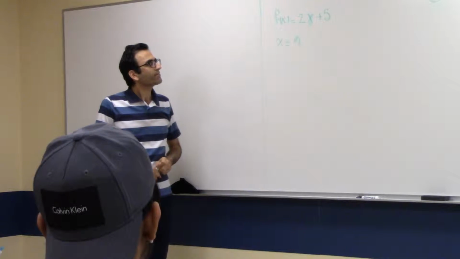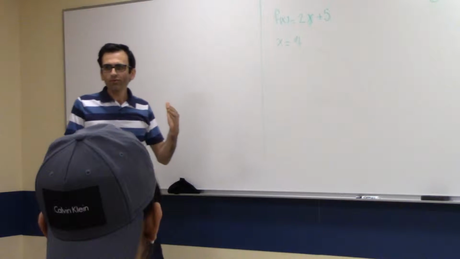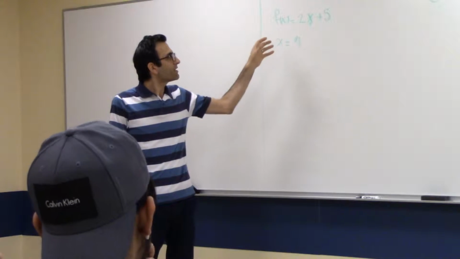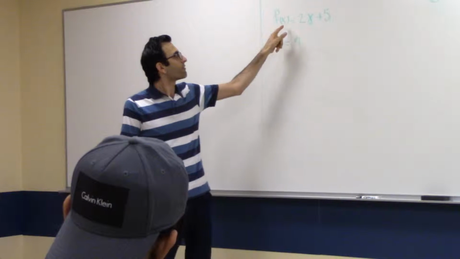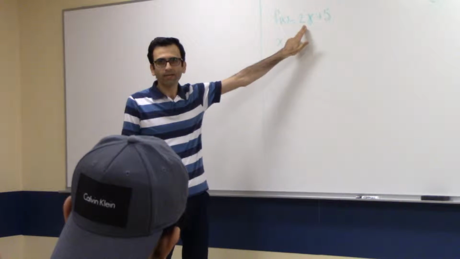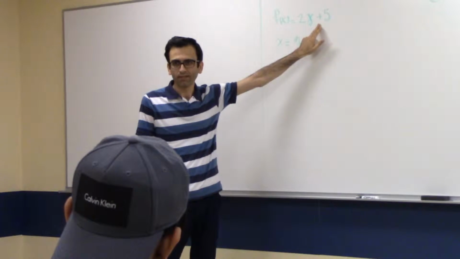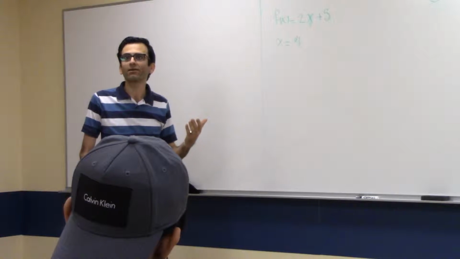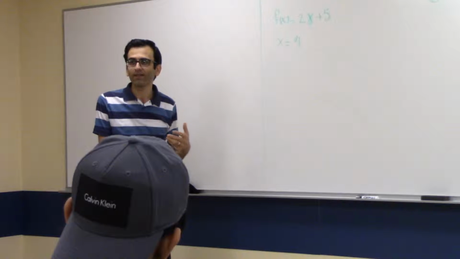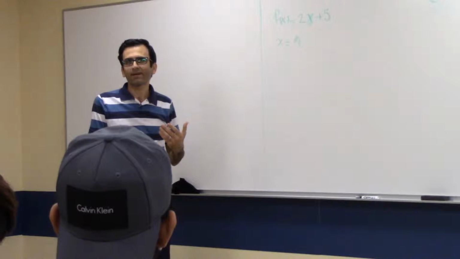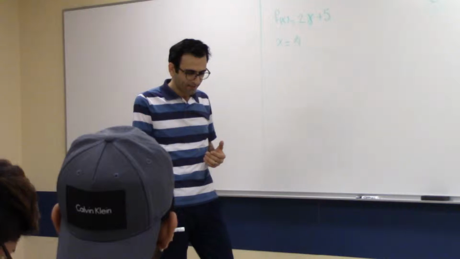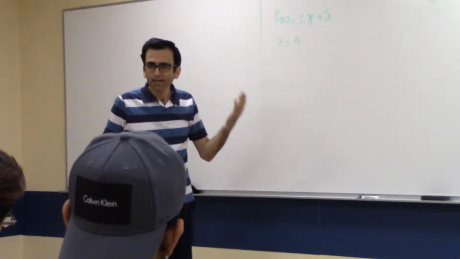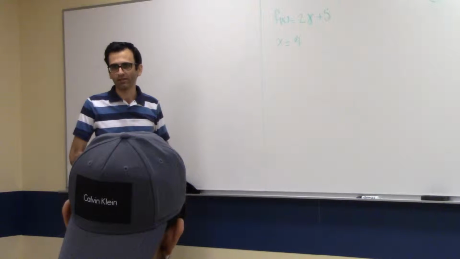So the two operations we are dealing with to calculate the function f(x) are multiplication and addition. So it's very clear. But what are the operations that will play a role in finding the inverse function of this function?